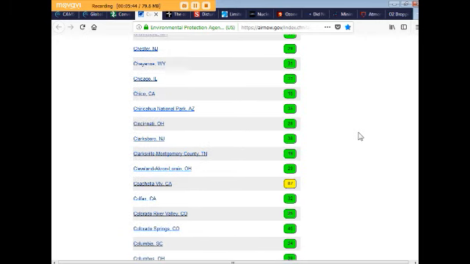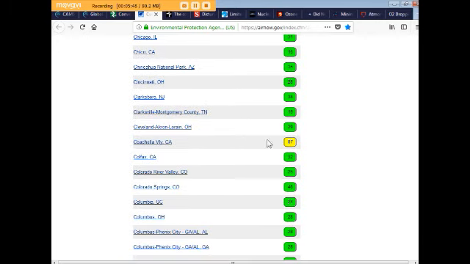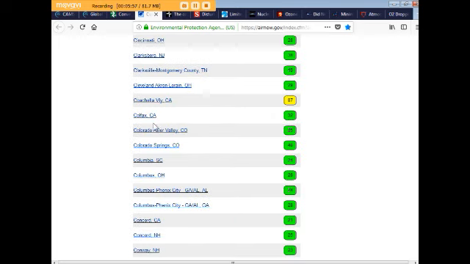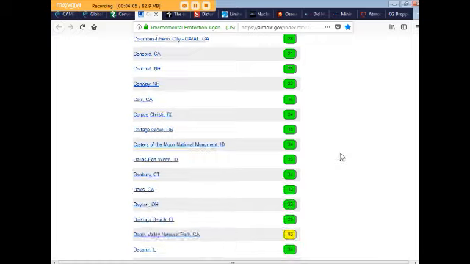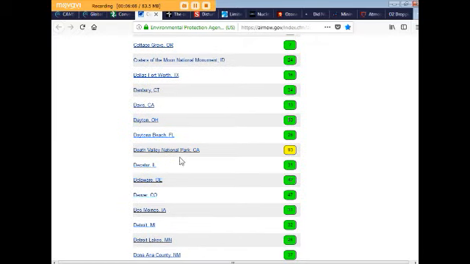So let's look at, for instance, here's Coachella Valley, California. They're at 87. So that's moderate. Colfax, California is 32, so they're in the green, so they're okay. Columbia, South Carolina, they're 24. They're okay. Death Valley, 93.